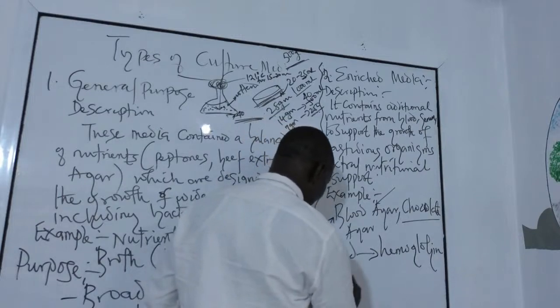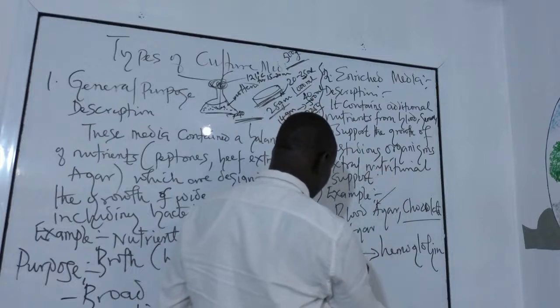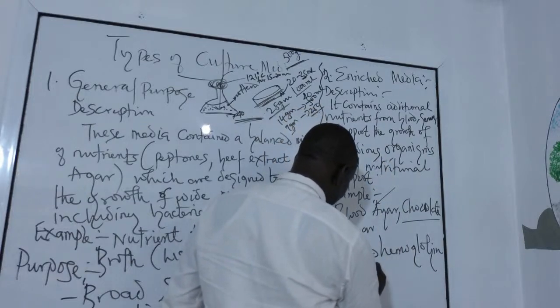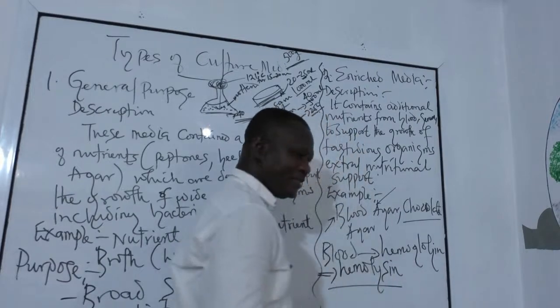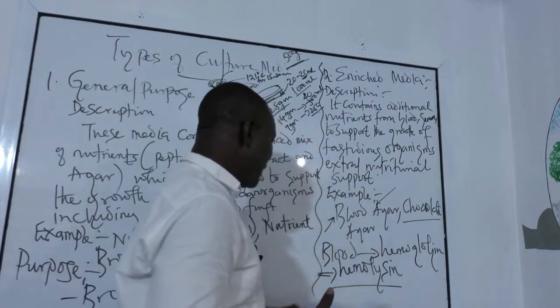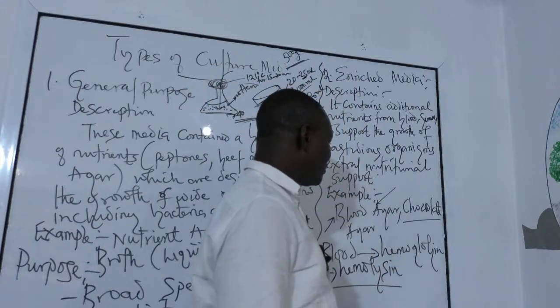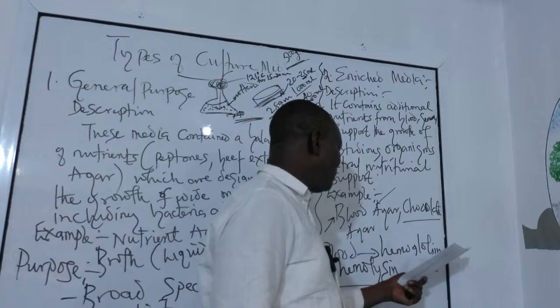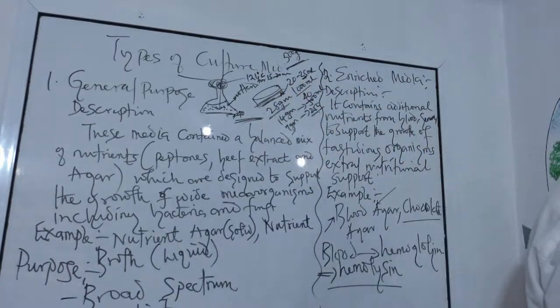They have a specialized enzyme. Fastidious organisms contain an enzyme called hemolysin. It is this hemolysin that is going to combine with hemoglobin in order to break it down. Those are the ones that require special treatment.